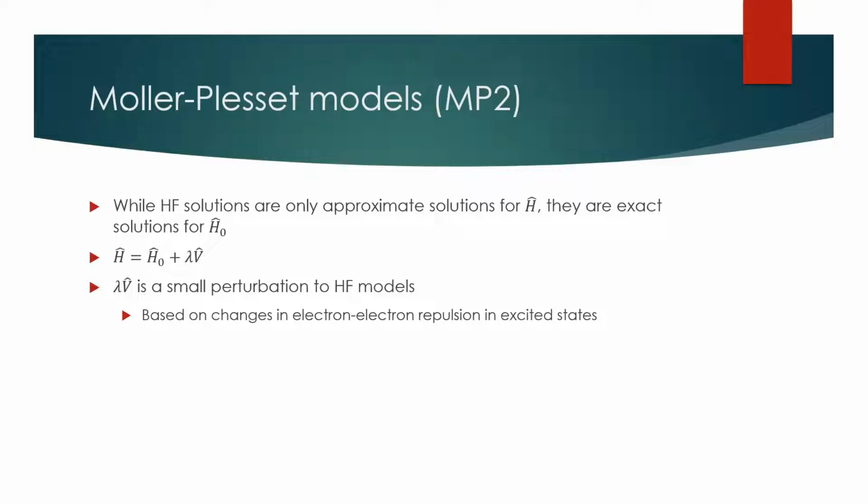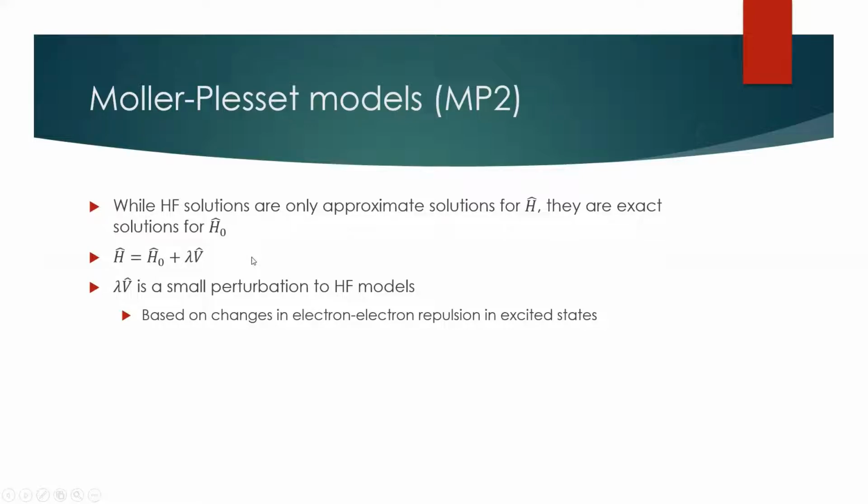Now, we hope that these models are close to the actual energy. That's the idea. We talked about that before with the variational theorem. We pick a wave function that's close enough to the actual wave function, and our energy is close to the actual energy. So what the Møller-Plesset models do is we say, well, our actual energy is equal to our Hartree-Fock energy that we just calculated, and then we add a small perturbation to get to the actual energy.